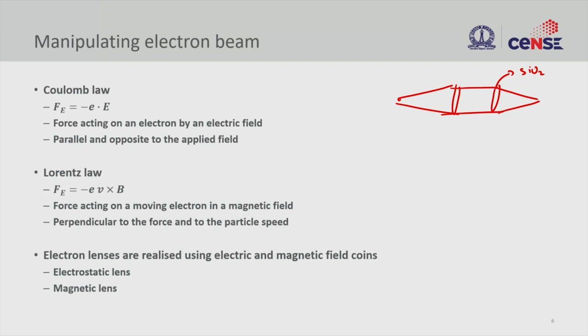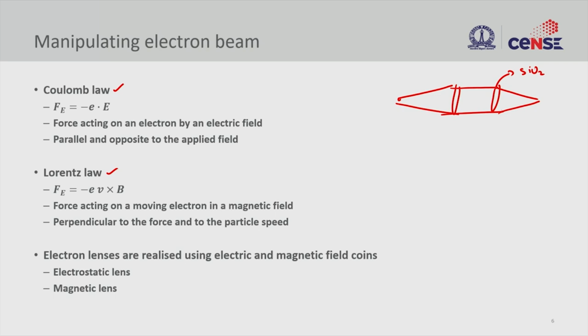One is the Coulomb and Lorentz force, primarily coming from the electric field and magnetic field. We know the force exerted on this particle strongly depends on the field that is applied. If you apply an electric field, you create a parallel and opposite force on the electrons, while applying a magnetic field will create a force perpendicular to the electron propagation direction.